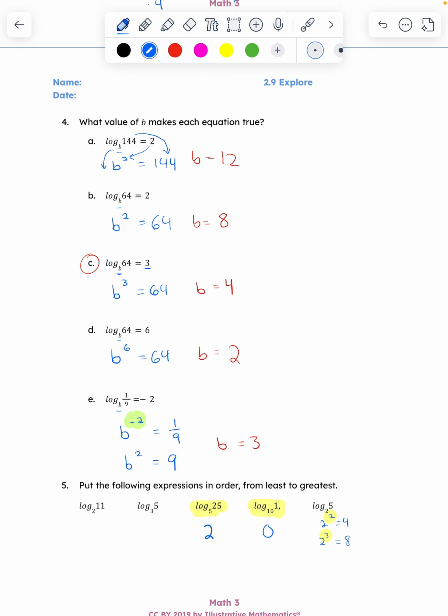And I know it's got to be probably closer to 2, because my 5 is much closer to 4 than 8. Right? So I'm going to say in this case, it's between 2 and 3. I'm going to use similar logic for my other two cases. So here I want to know what I take 3 to get 5.